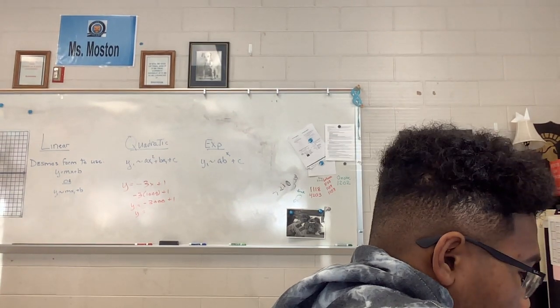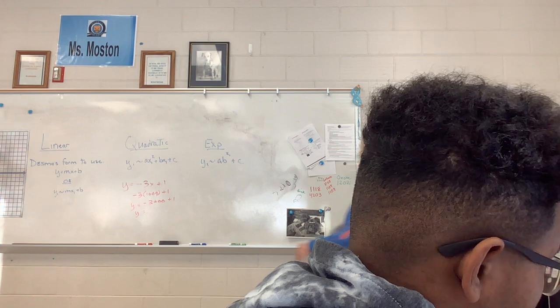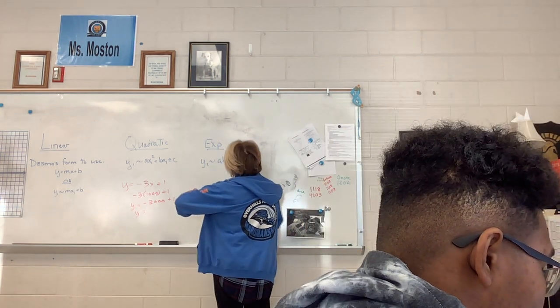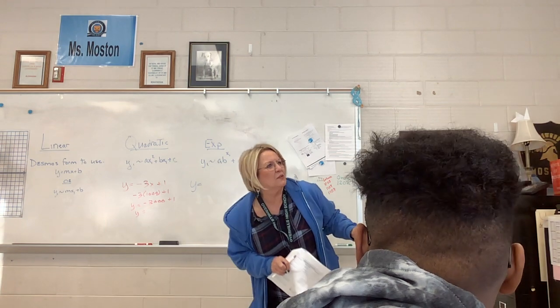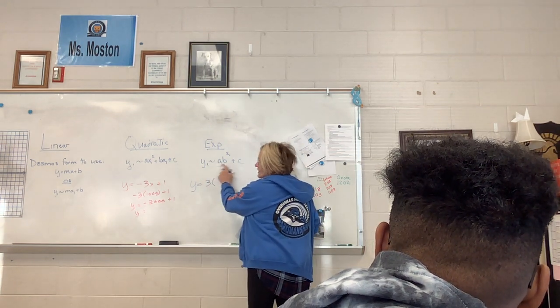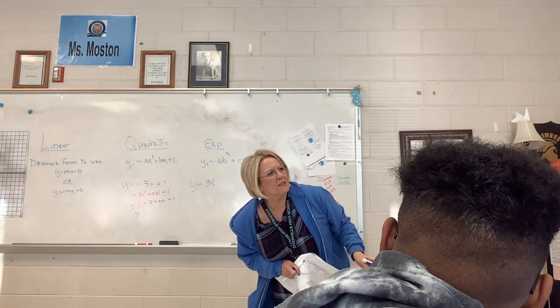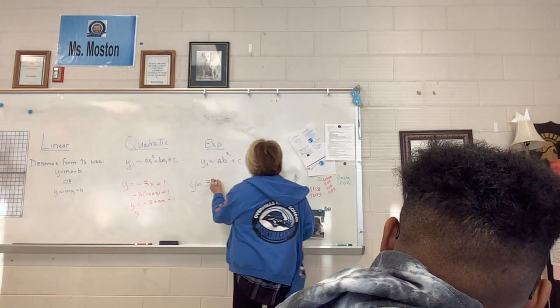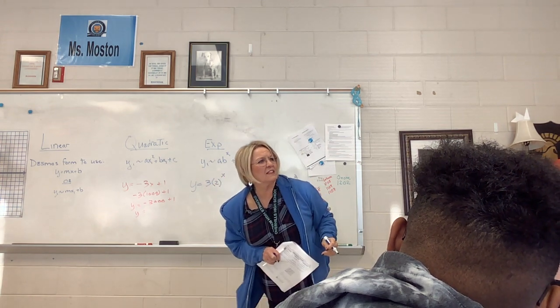What I do at that point now is I write the equation. And the equation, if I write the equation, this is what it looks like. Y equals A equals 3 times, A and B are next to each other, that's multiplication, 3 times 2 raised to the x, and there is no c.